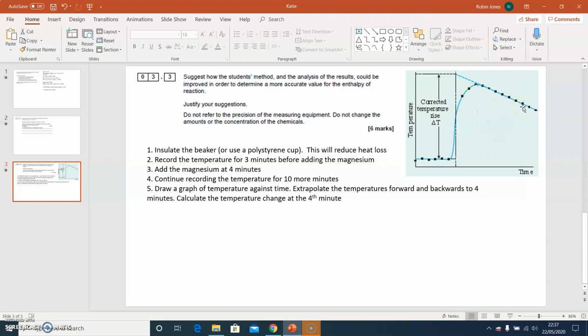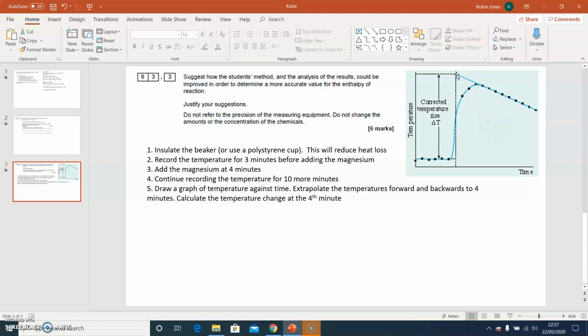If the thermometer had been better and it had been a digital thermometer, when I added the magnesium here at time number 4, it would have shot right up. But a thermometer is glass with some mercury inside it, and the mercury heats up, it expands, it creeps up slowly.